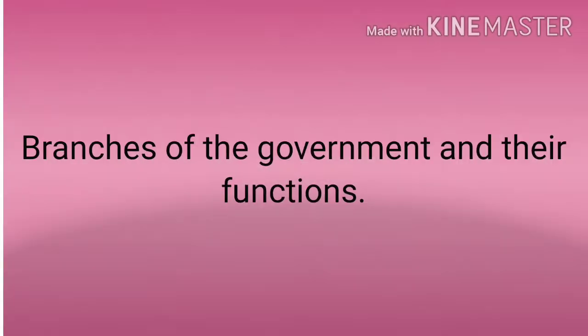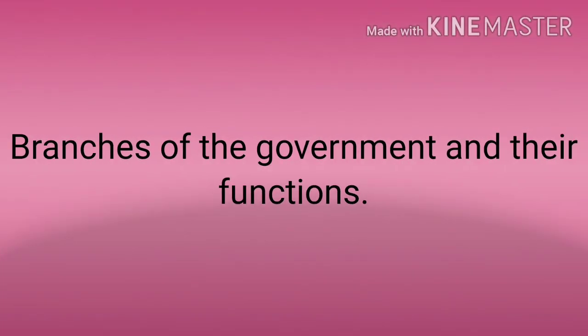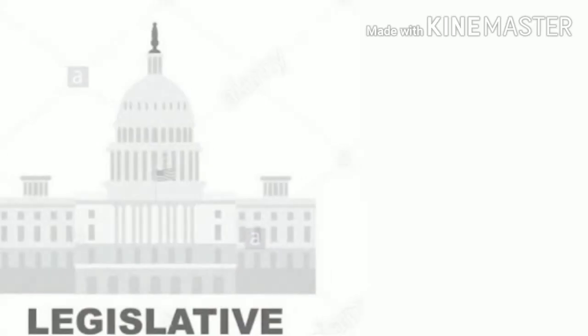Students, now the previous information would lead us to conclude that every country has a different form of government. But before we go ahead to understand different types of government systems, let us get information about the main branches of government. Let us first see branches of the government and their functions.